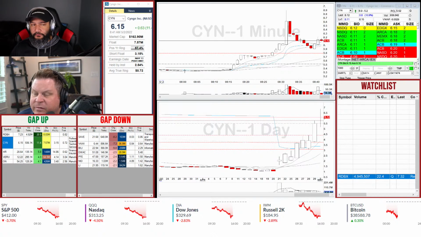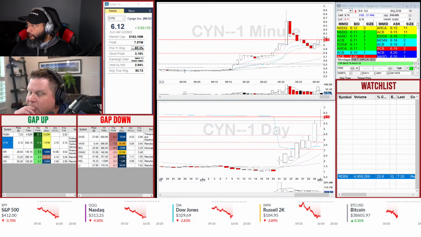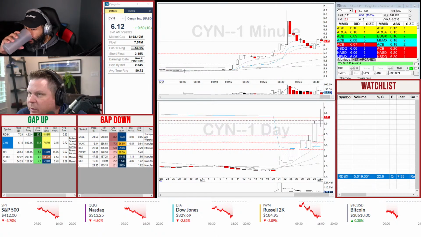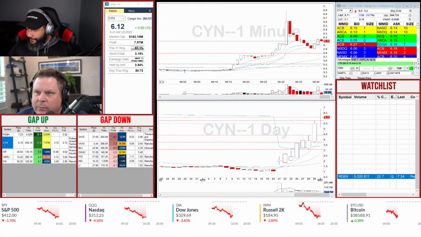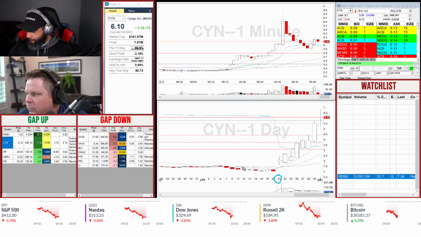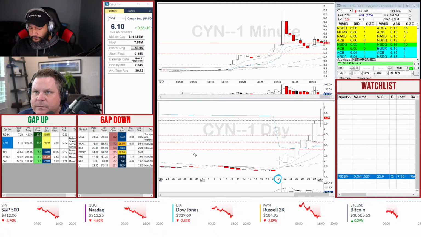Finviz has it at 25, but regardless, still not a very large float. On I believe April 21st, you see it starting to pop on the daily. They announced some news on autonomous driving technology and hardware, and they've been running essentially ever since.